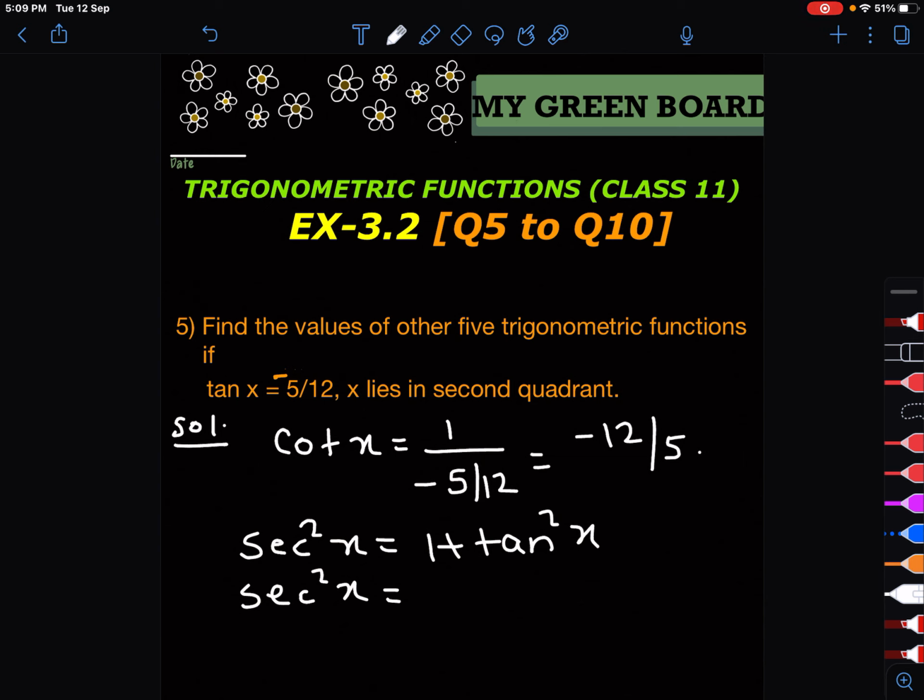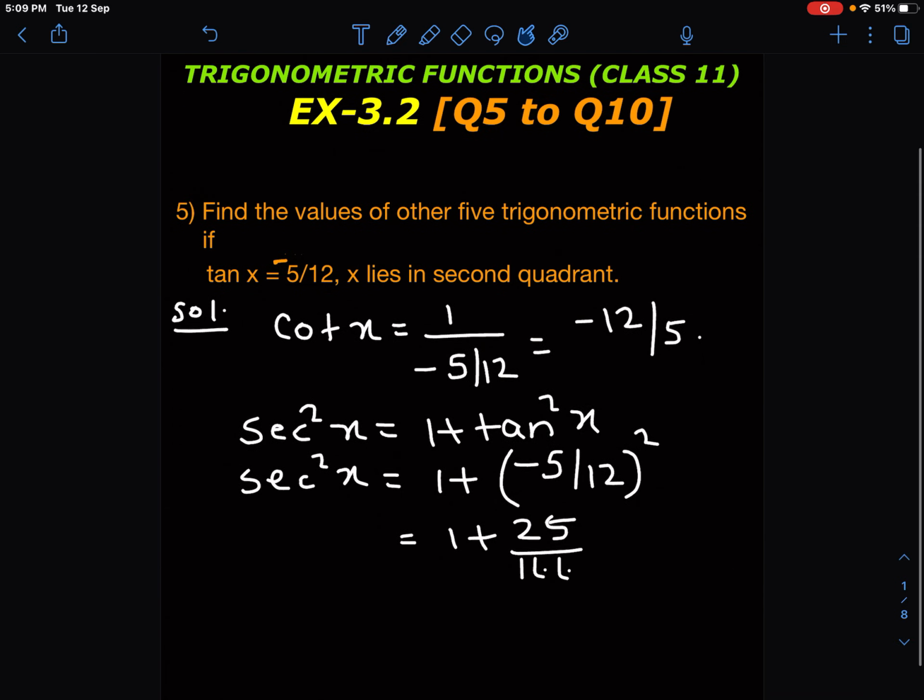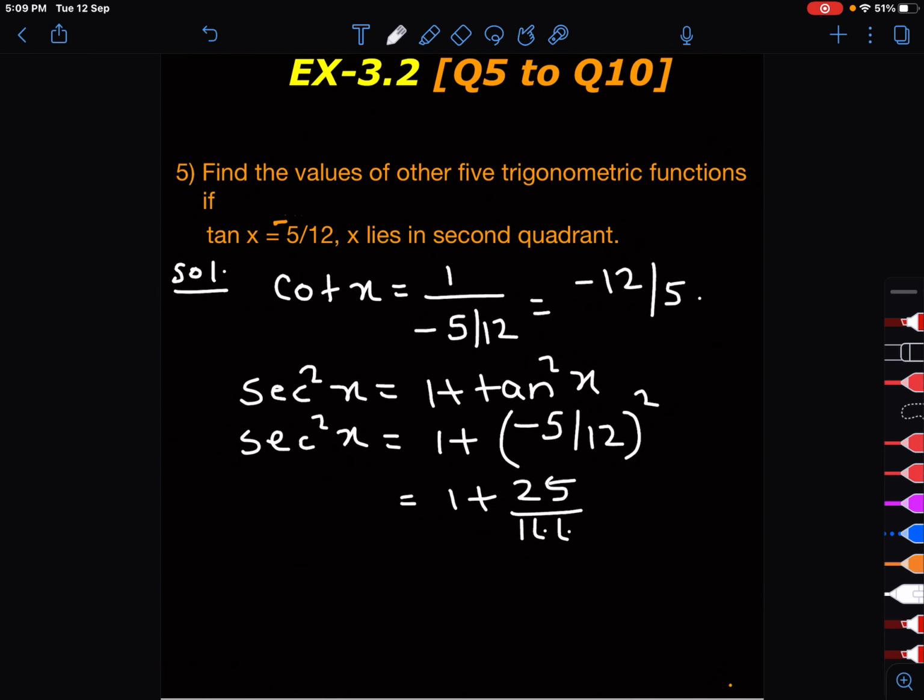Now we put the value of tan x, that is minus 5 by 12, the whole square. The square of 5 is 25 and the square of 12 is 144.